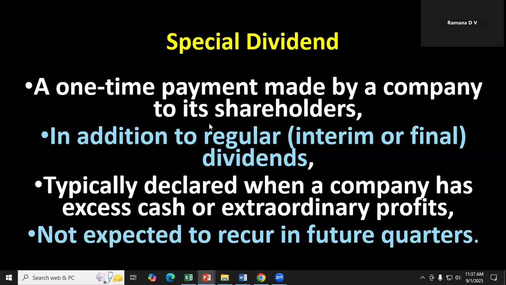It is in addition to the regular dividend. It is typically declared when a company has excess cash or extraordinary profit, and this is not expected to be recurring in nature. It's a different matter that companies like TCS keep on giving special dividend, but in principle, it is expected that a company will not keep on giving special dividend.